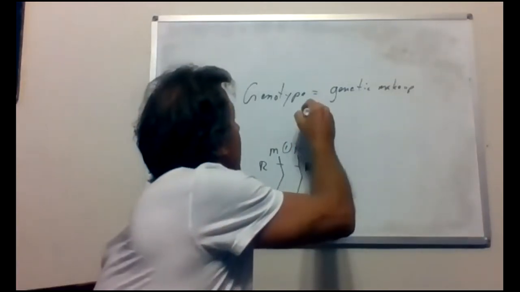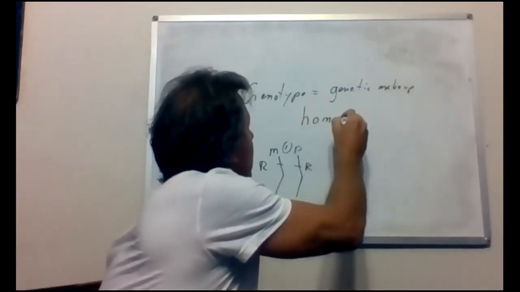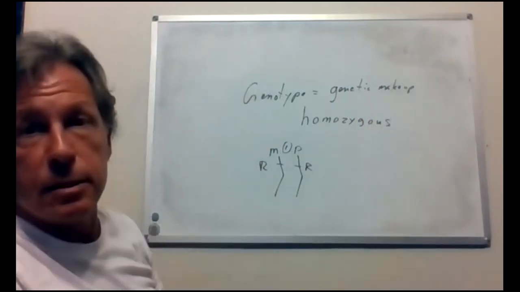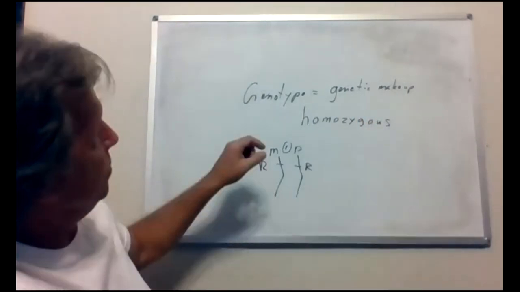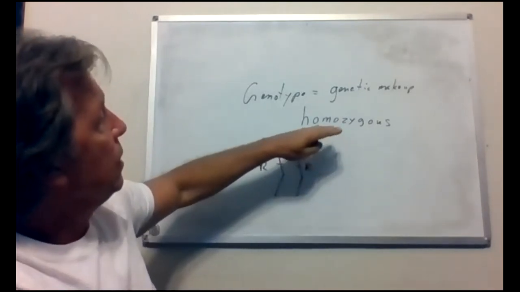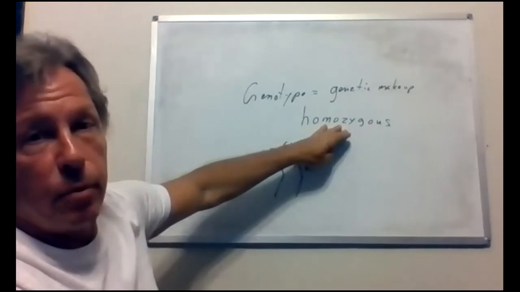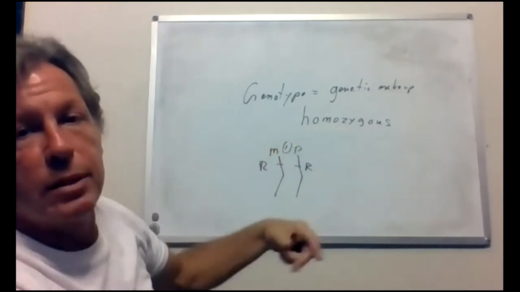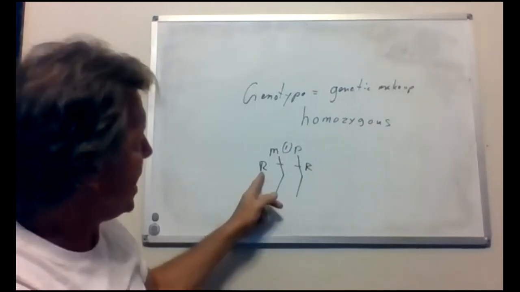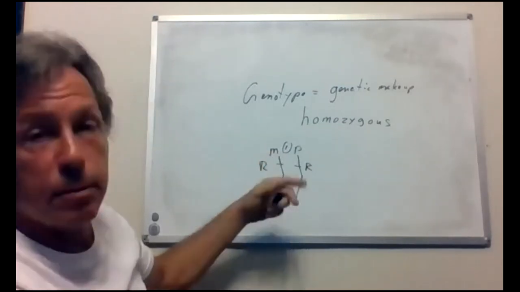So we have homozygous. But this word is a little incomplete. When I'm describing the genotype, if it's homozygous, all I know is that they're both the same, but we can ask ourselves the question, which one are they? Is it homozygous red or homozygous black?